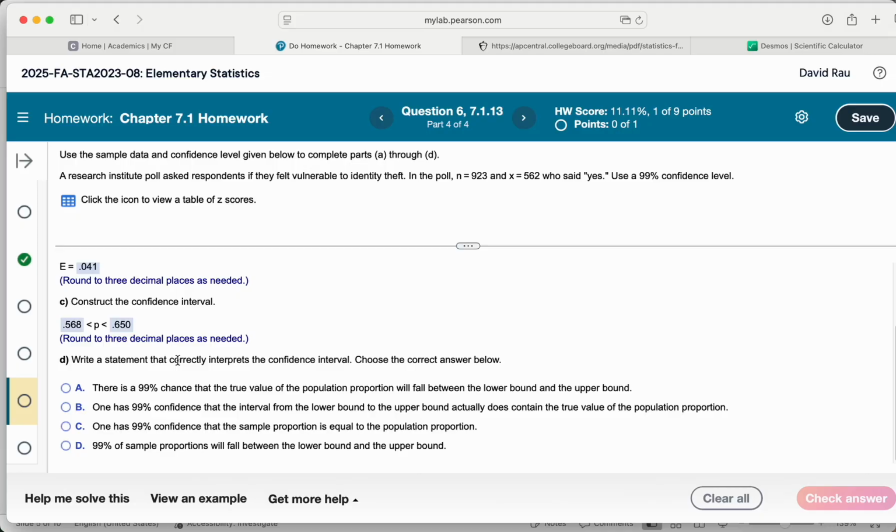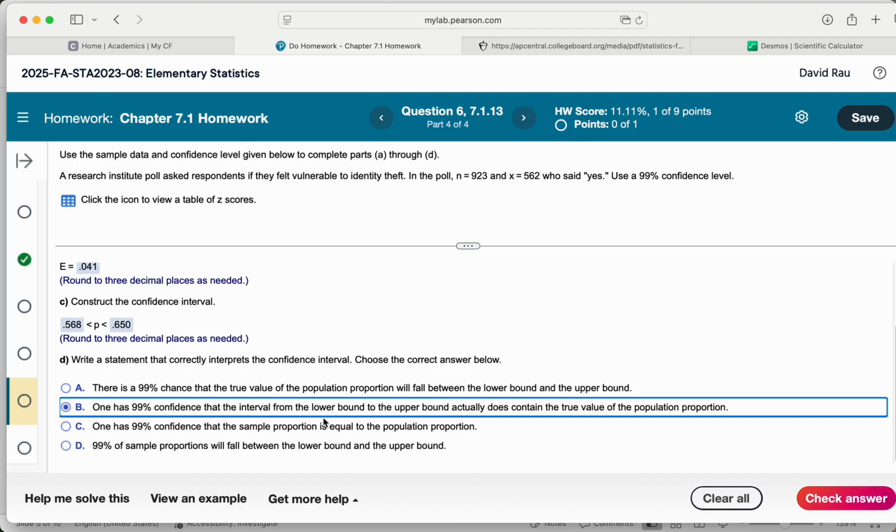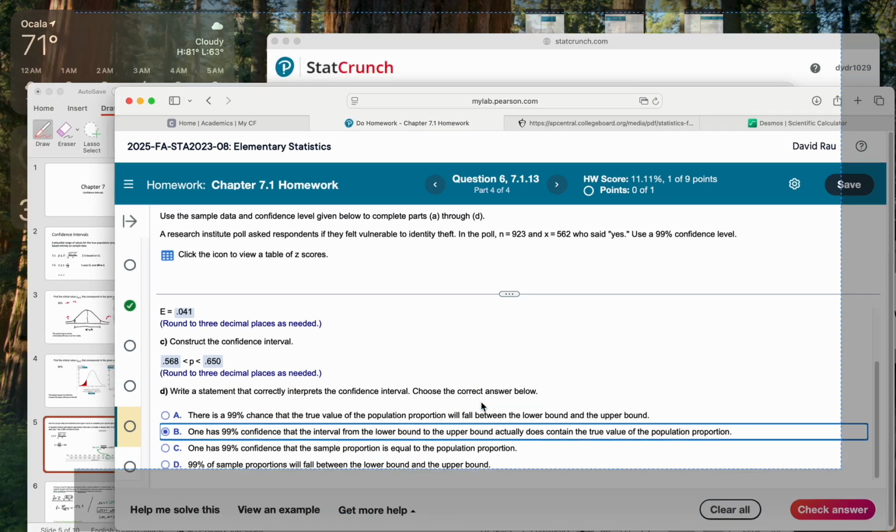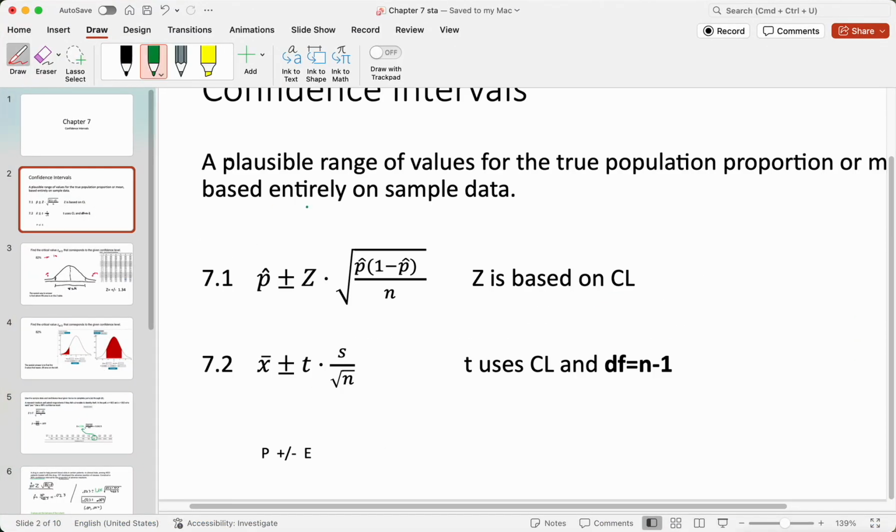Now the one last thing we haven't done yet is we haven't figured out how do you conclude these things, and so the way we do that is we say that we're 99% confident that the interval from my lower bound to my upper bound contains the true value. And that phrasing, although it sounds a little bit different, is exactly what we wrote down here.